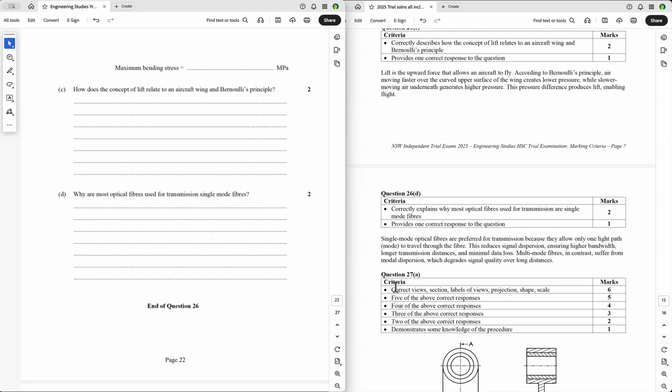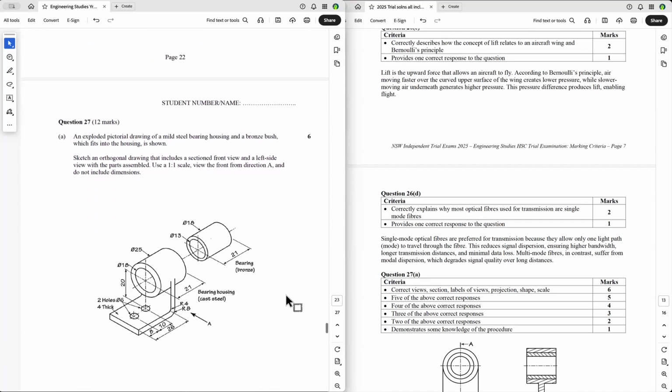And this reduces attenuation of the energy and dispersion, and allows you to have longer transmission distances with less data loss. Multi-mode fibers suffer from a lot of dispersion, so you don't have a good quality of signal over long distances.